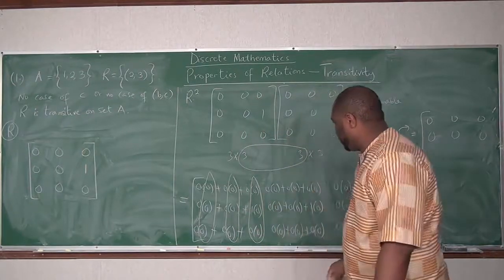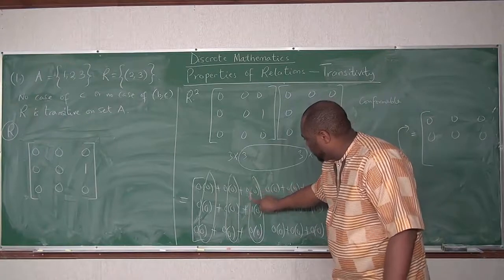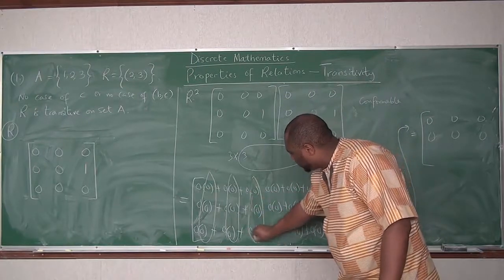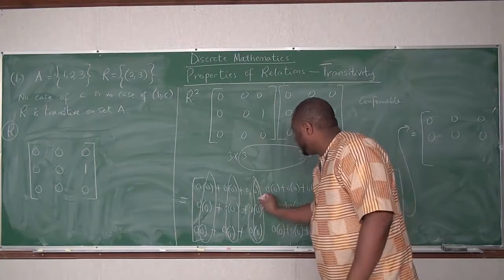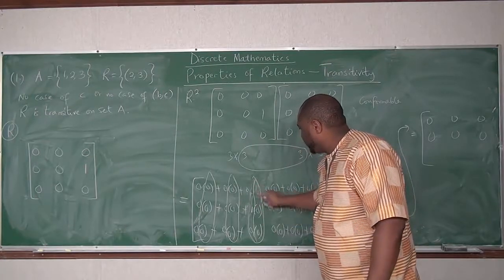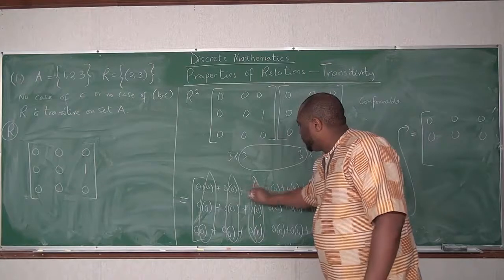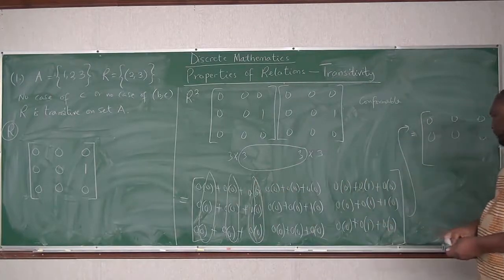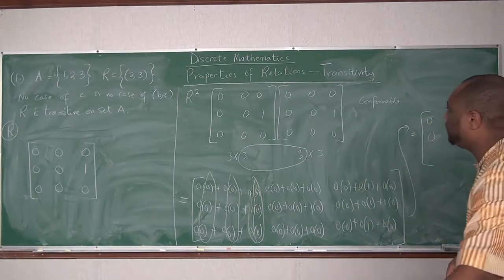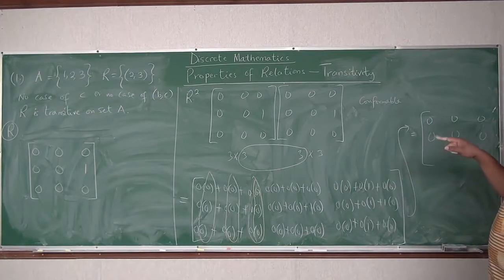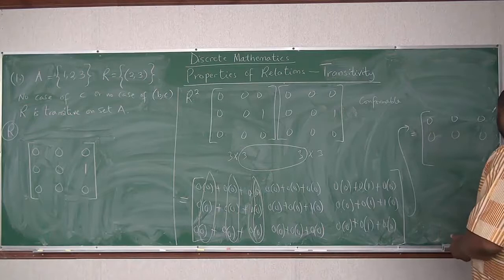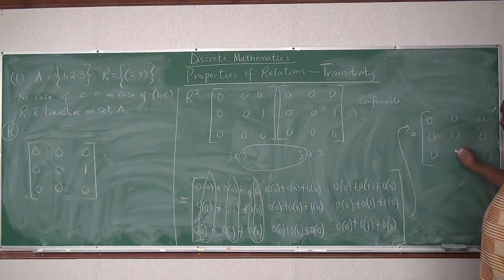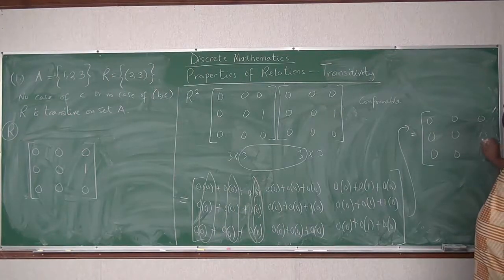If you look at the last elements, we discussed this in multiplication of matrices. It's all on my website. So if you look at this, it looks like you all have zeros. 0 times 0 plus 0 times 1 plus 1 times 0, so you all have all zeros here, 0, 0, 0.